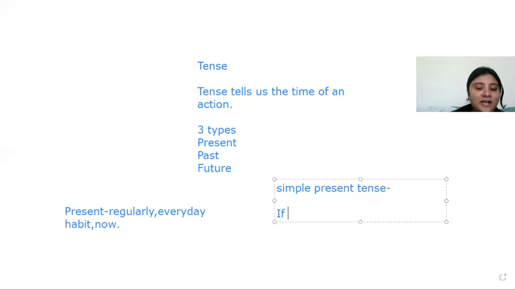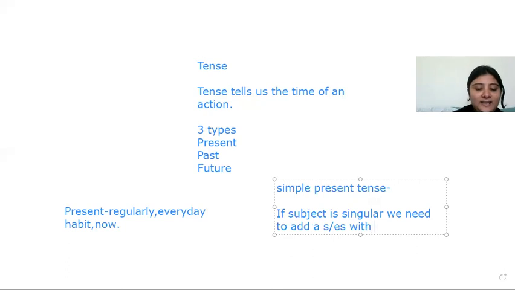If our subject is singular, then we need to add s or es with the word. We always have to remember, if our subject is singular, then we need to add s or es with the word. So how will we do that?